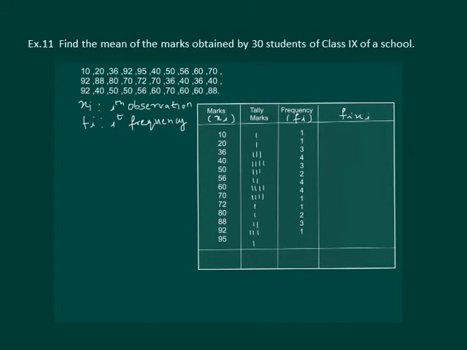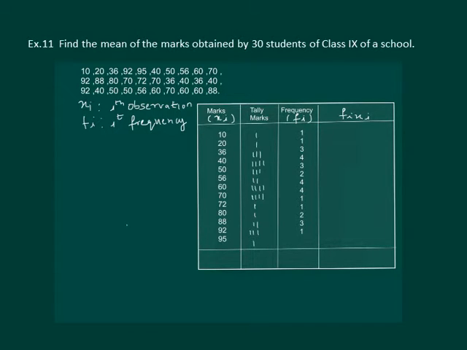Our next step is to construct another column in which we will multiply f1 with x1, and that will be the first entry. Similarly, f2 with x2 will be the second entry. So we are finding fi into xi.